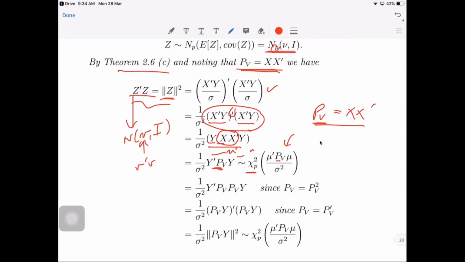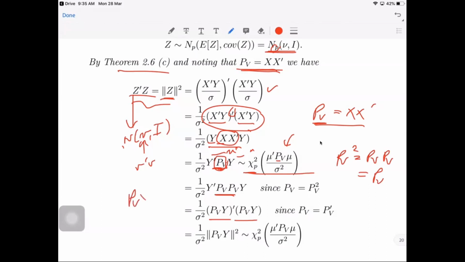So y prime PBY over sigma squared will be chi-square distributed by previous result, no? So kung naa kay standard normal, imong square norm, chi-square na siya with non-centrality parameter. And again, PB square, which is PB times PB, is actually PB. So this PB here can be rewritten in this manner. Okay, mao man na imo ang gusto.